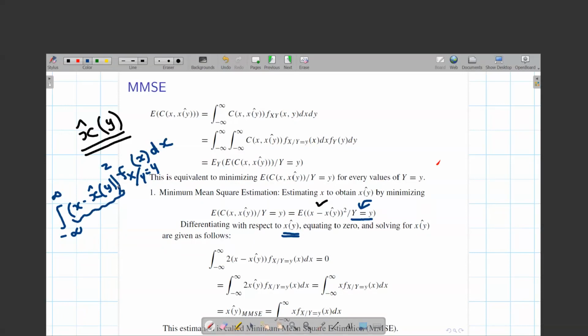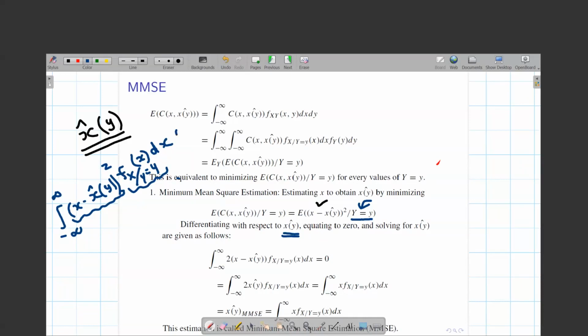Since this is a conditional expectation, because you are taking the expectation given y equal to y, we are actually going for this conditional density function. This is what we need to do, and now it is very straightforward.